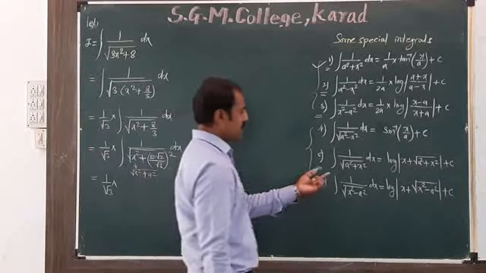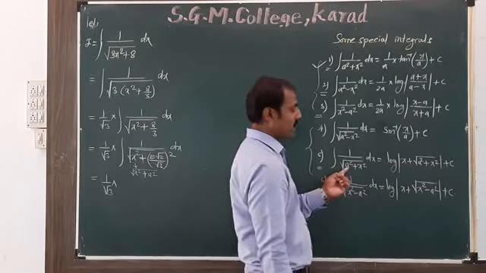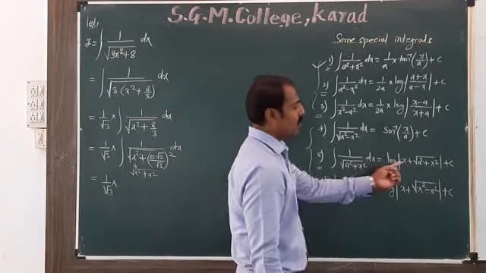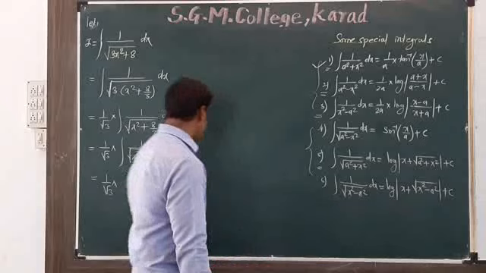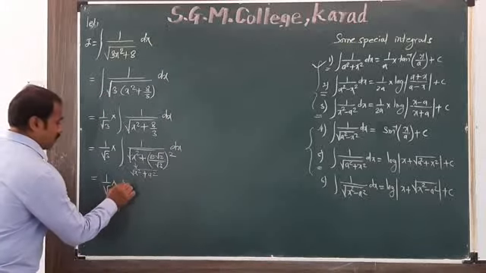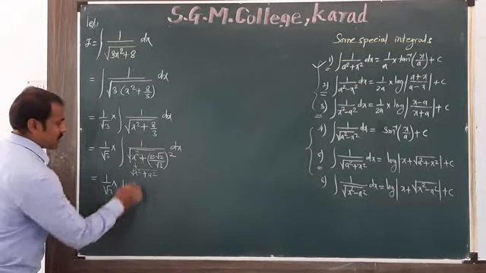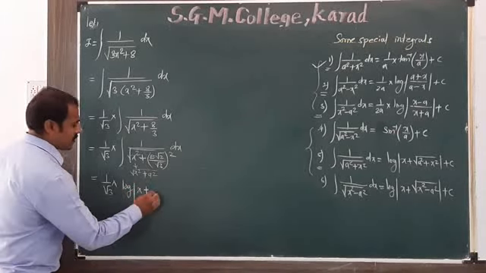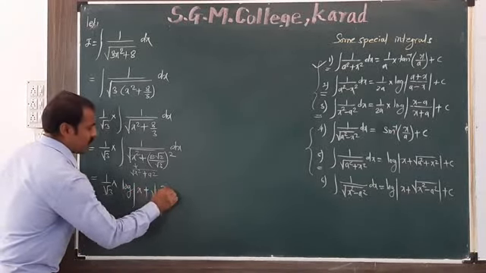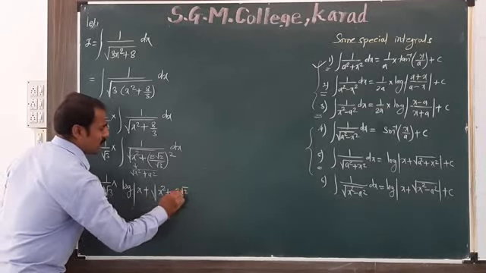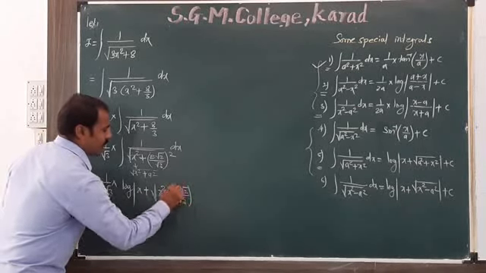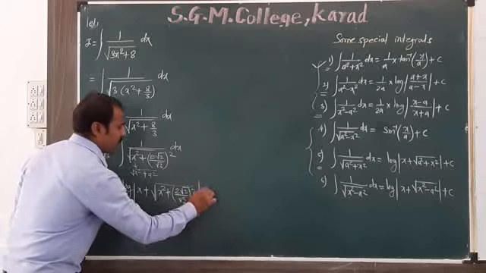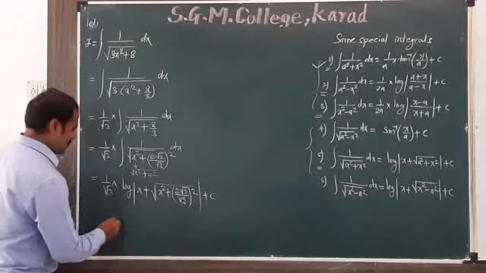So we use here the integration of 1 upon root of a square plus x square, which is log of mod of x plus the denominator term. So log of mod of x, x is what? X plus a denominator term. The denominator term is square root of x square plus 2 root 2 divided by root 3 bracket square, plus constant of integration c.